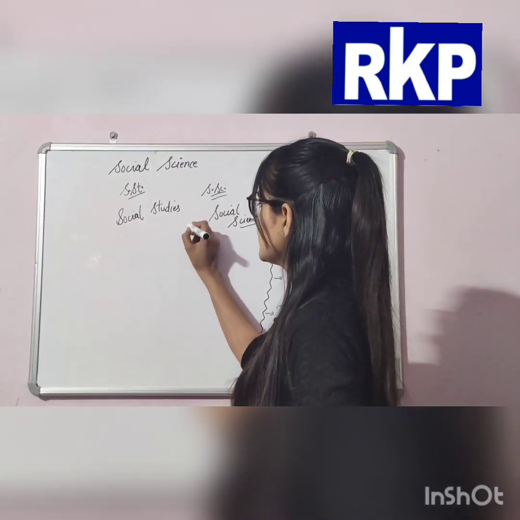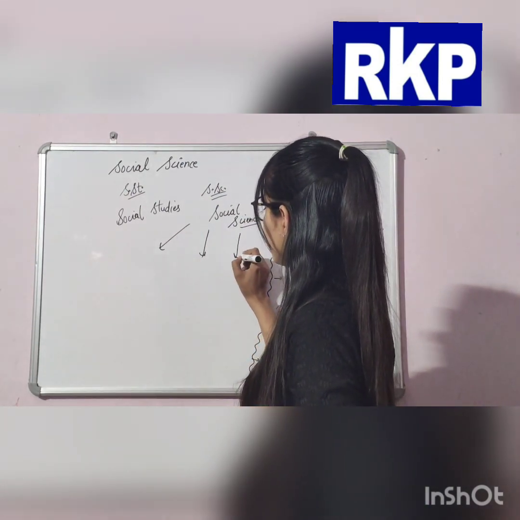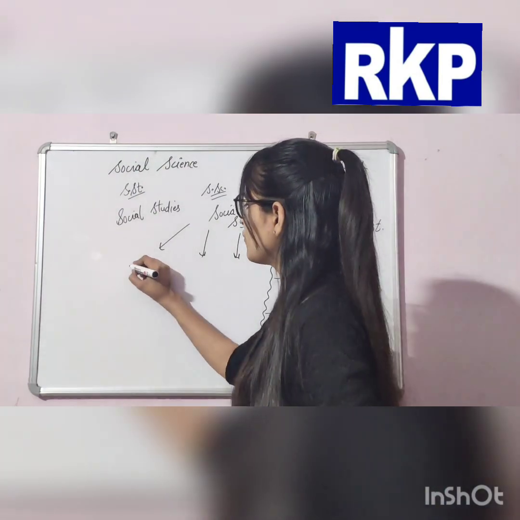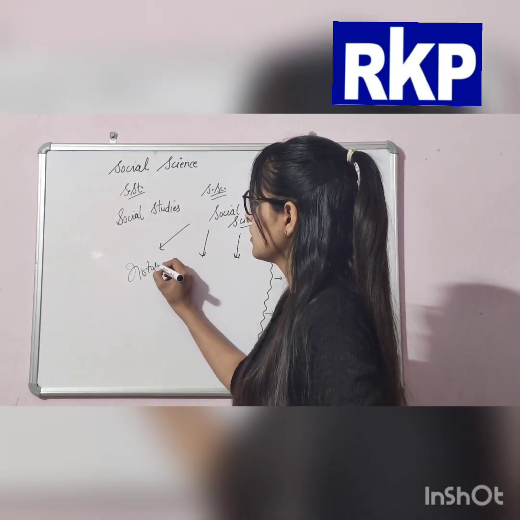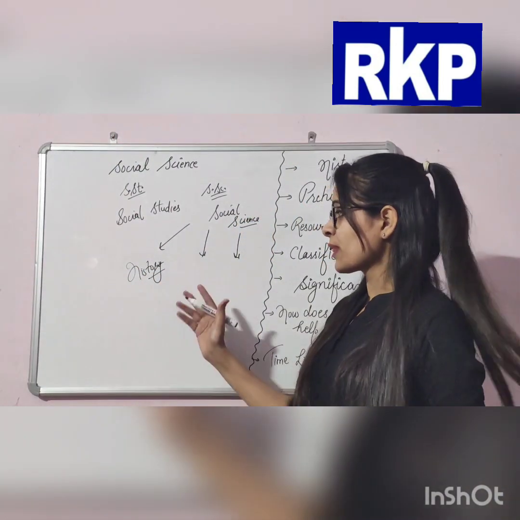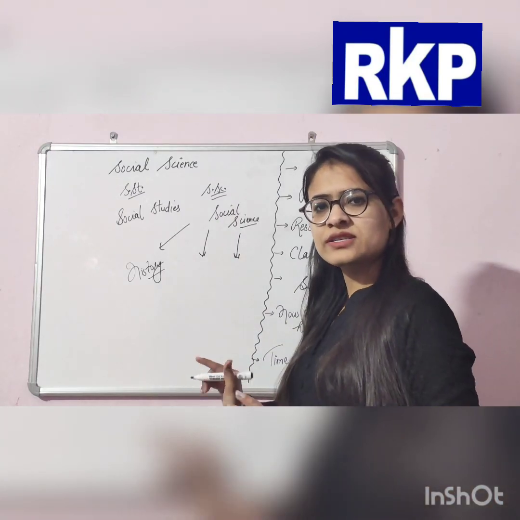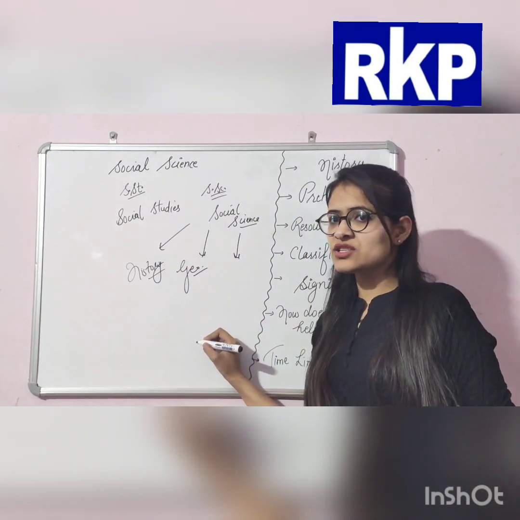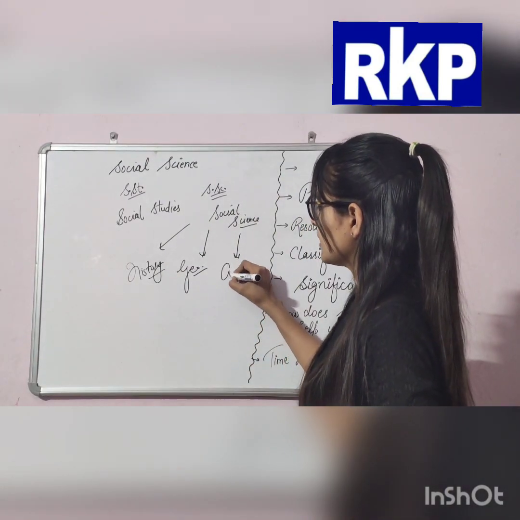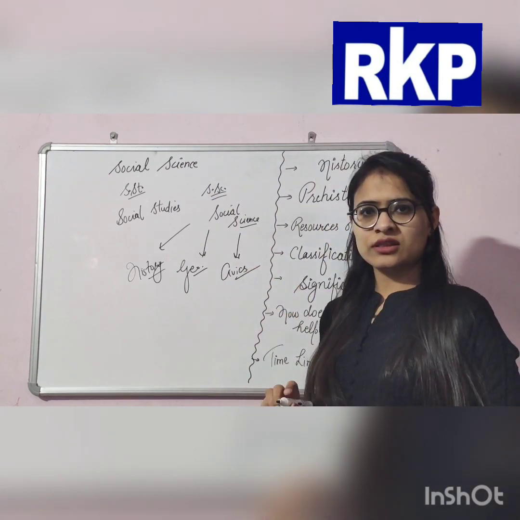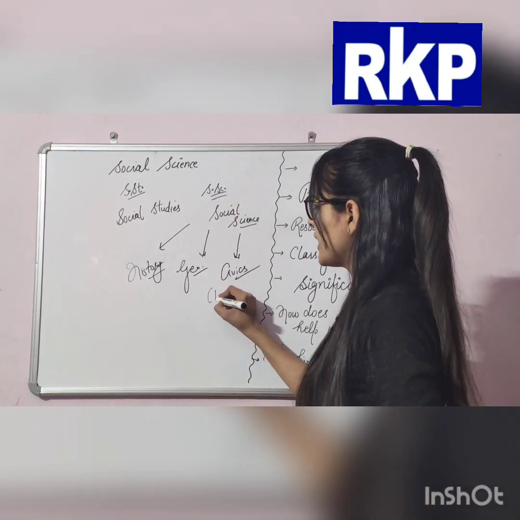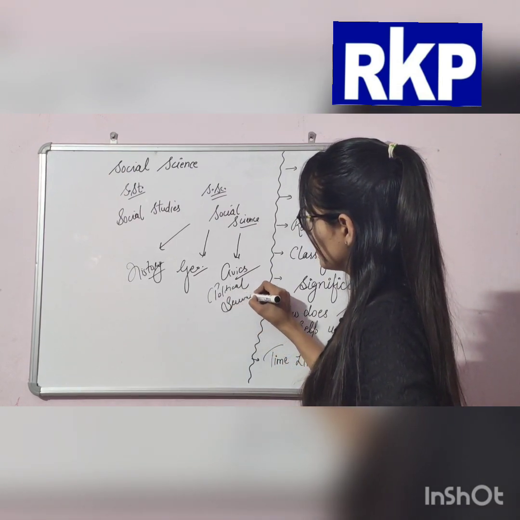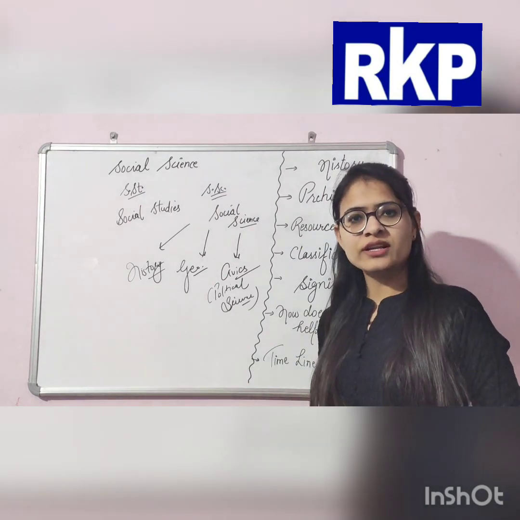And social science is divided into 3 parts from class 6 onwards. The first part is history, the second part is geography, and the third part is civics, or we can write it as political science.